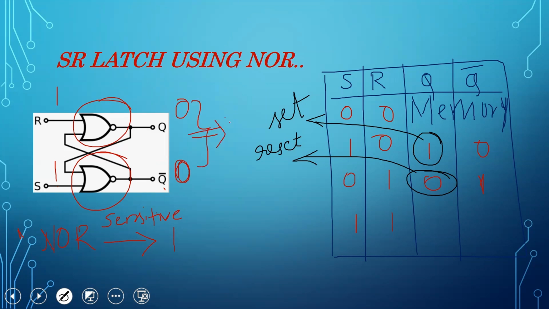No, it's not a valid case because Q and Q bar are always complements of each other. So this case is known as the forbidden case. We should never consider this type of input. This is one of the drawbacks of the SR latch. Okay, so this is about the SR latch implementation using NAND and NOR gates.